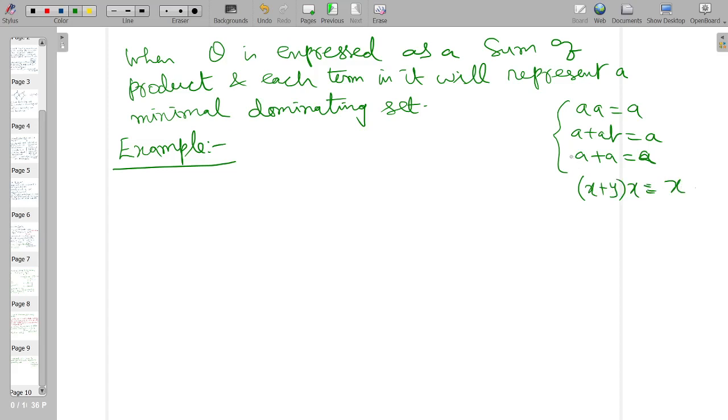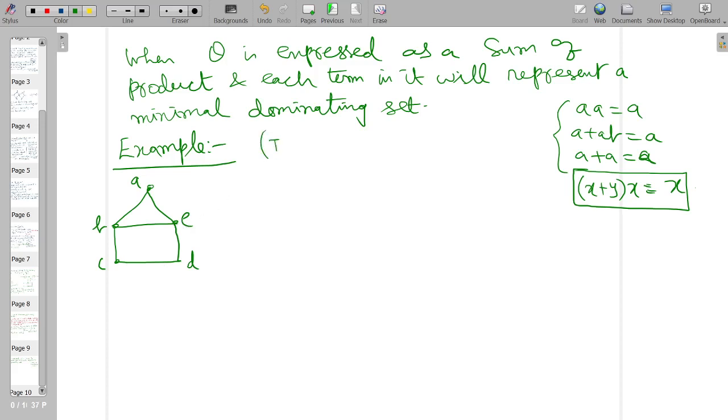So now I take this graph. This is called the house graph, and this has the labeling of vertices like this: a, b, c, d, e. Now I have to find all minimal dominating sets.